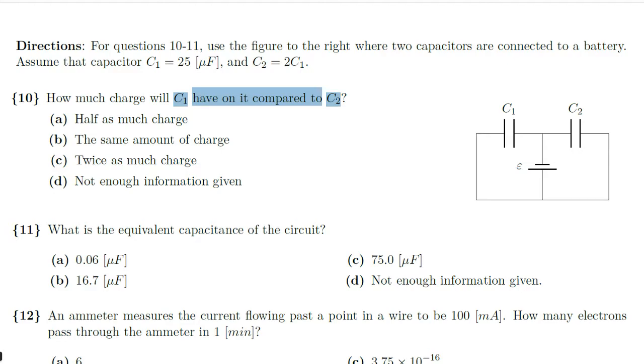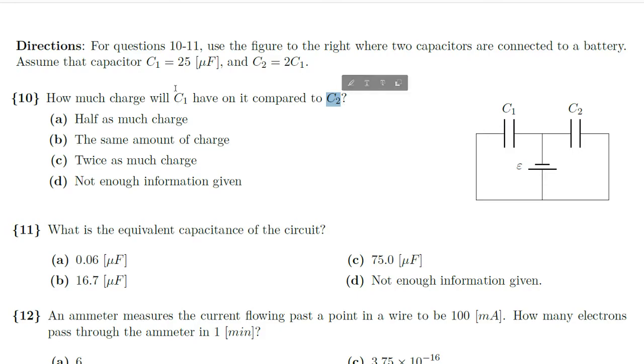Okay, so here's the idea. Since we know both of the capacitances, even if I didn't give you the 25 microfarads, you'd still be able to answer this question. But we know that C2 has twice as much capacitance as C1. The question is asking about C1 in comparison to C2.